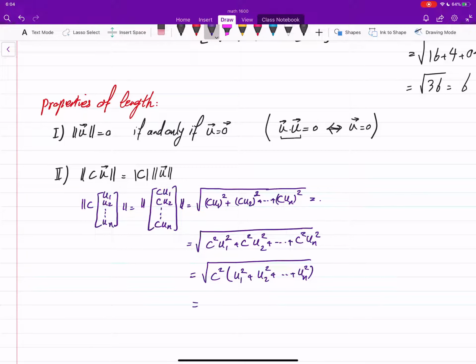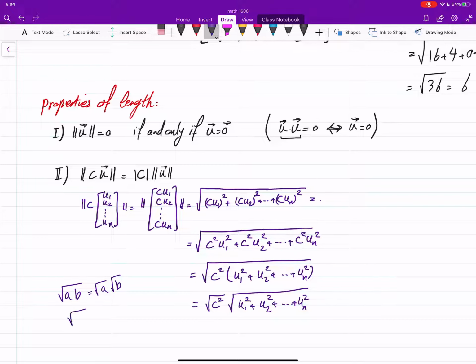And remember that if you have two numbers multiplied under the square root, you can separate the square root for each one. So we will have the square root of c squared, and this guy here.